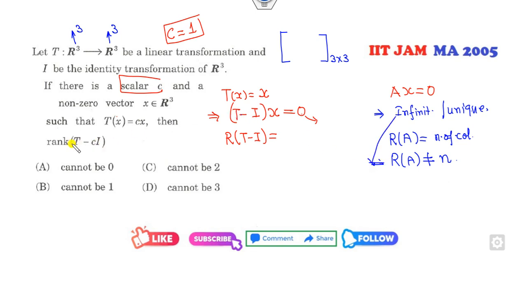Now he clearly said it cannot be. So what is the meaning of that? T minus I is a 0. So rank will not be equal to the number of column vectors because it has a 0. So it means the rank cannot be 3.